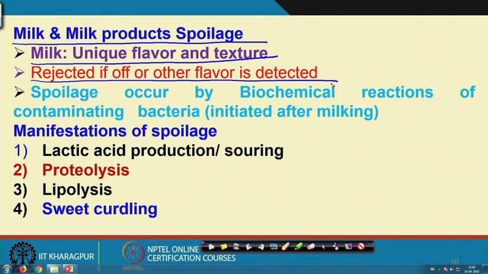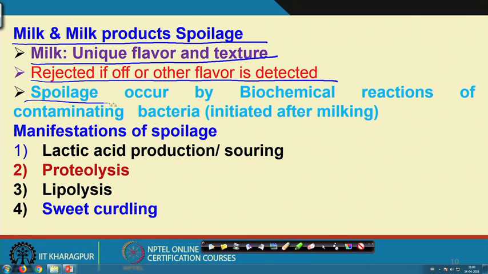You never like to drink milk if there is off flavor. The moment you take it before your nose or mouth, if some off flavor is coming, obviously you will throw it, right. So, generally it is a good flavor liked by people. So, that is normal. If off flavor is developed, you will not like it, right.